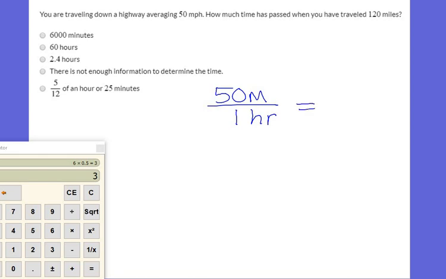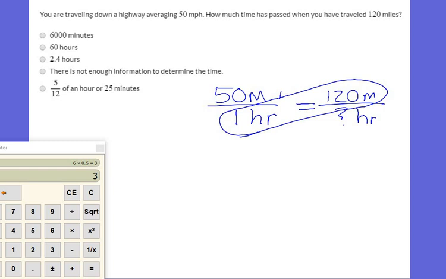Well, I have miles written up top, so I need 120 miles to be on top here. And I need to know how much time that is. Okay, so if you remember from back several months ago, we could do our little high heel method where I multiply and divide to see what that is.